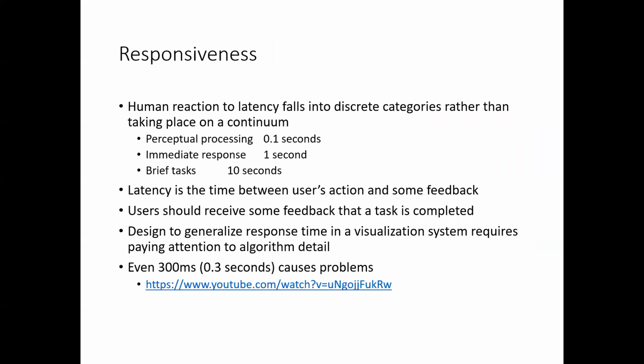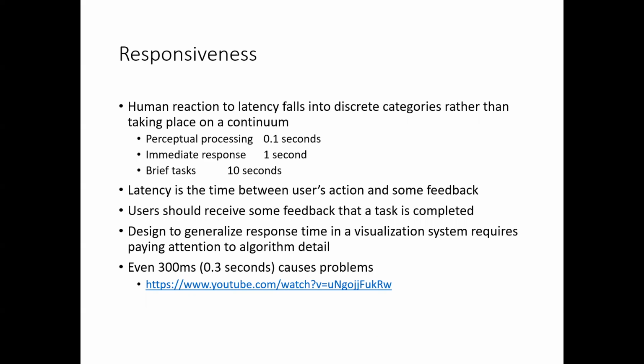Responsiveness is another thing to consider when designing visualizations. Human reaction to latency usually falls into discrete categories rather than taking place on a continuum. Our perceptual processing takes about 0.1 seconds. Things that are immediate response are about 1 second, and brief tasks, we have about 10 seconds of tolerance for latency. So that's the time between the user's action and some type of feedback.